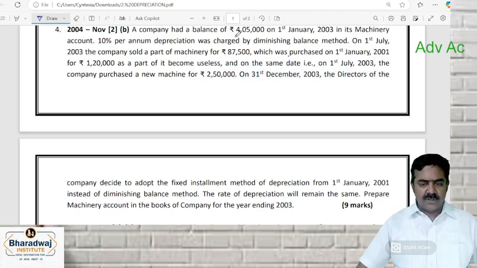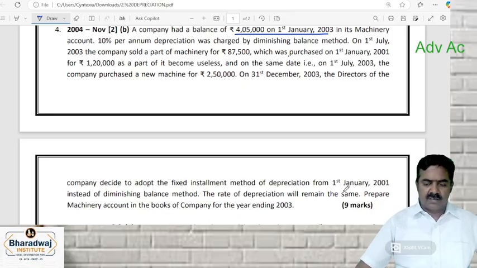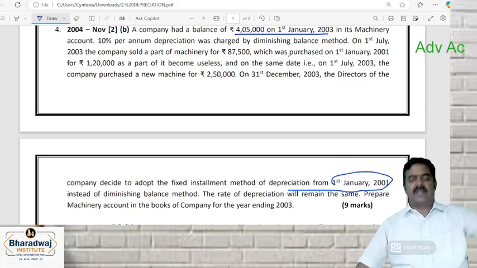What is the value of the machine today? 4,05,000. We want to change the method of depreciation from 1st January 2001. We want to go back and change.